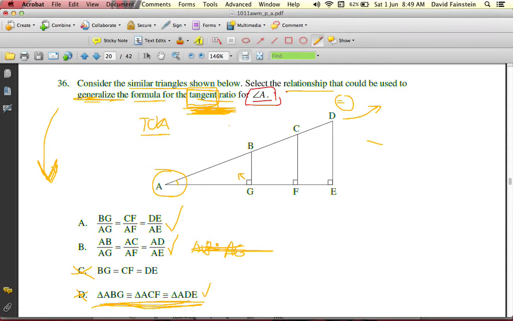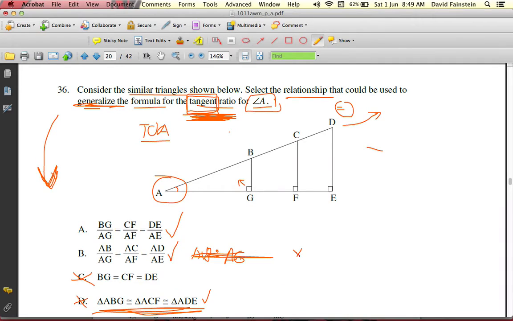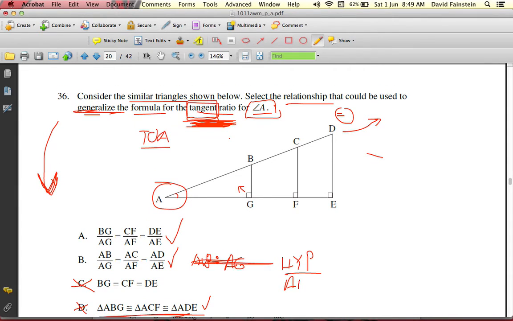AC, hypotenuse again, over AF, adjacent again, and hypotenuse again for AD over AE. So this one seems to be hypotenuse over adjacent. Well, actually that's not what we're looking for.